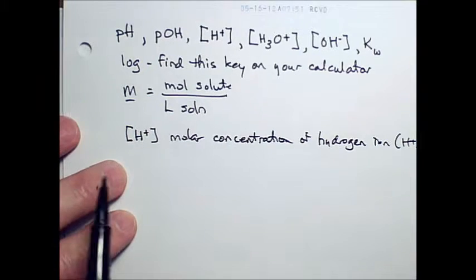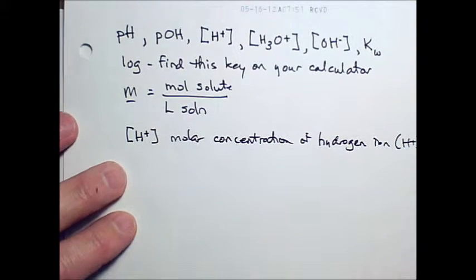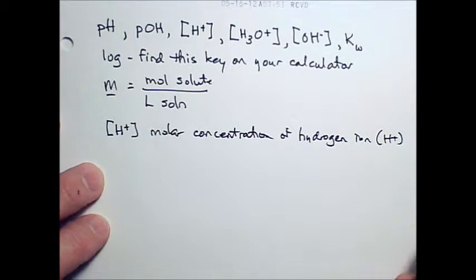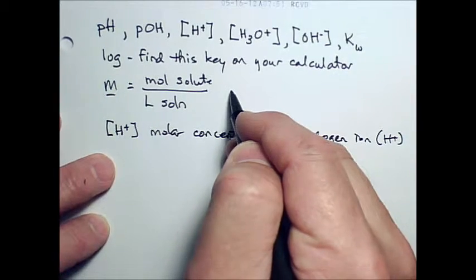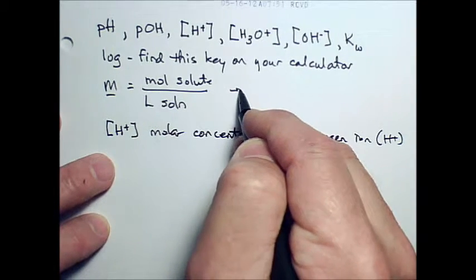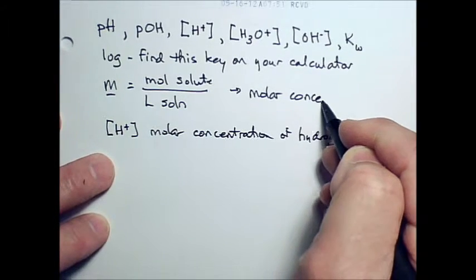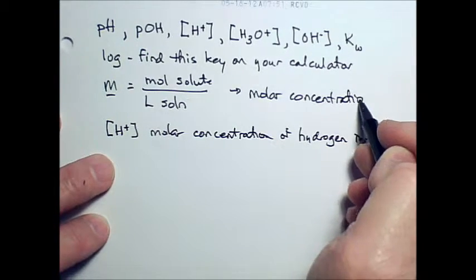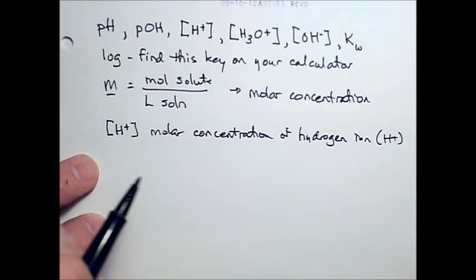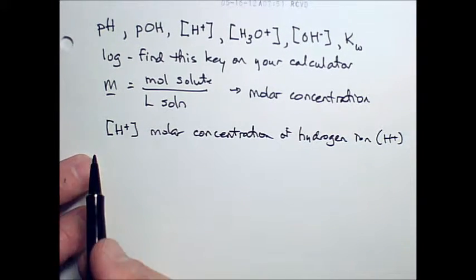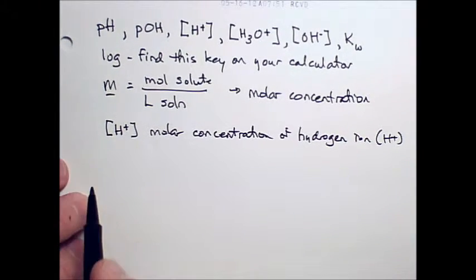So this up here is the molar concentration we're talking about here. And we learned all about that in Unit 8. All right? Now we're going to apply that to acids.